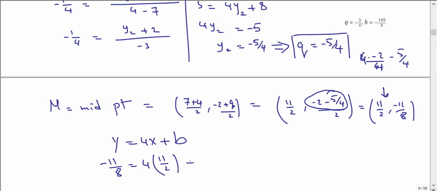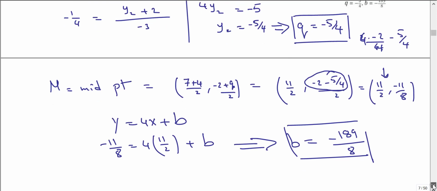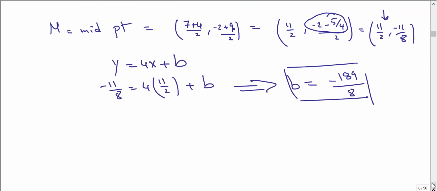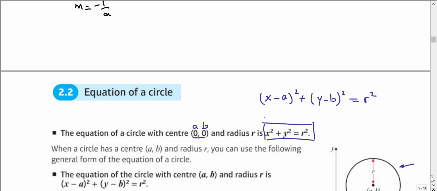If you work this out, you will see that b is 189 over 8. Yeah, you get it? Of course, you have to do this one again.